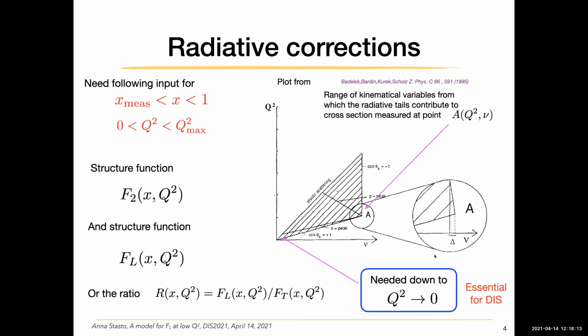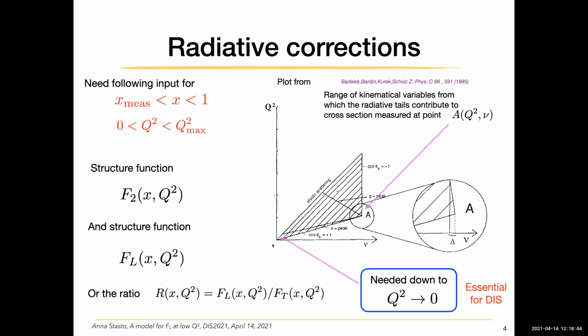Now, if one looks at the Q square and nu plane, where nu is the energy of the photon, this is the plot taken from this reference. If one performs a particular measurement at point A, at some value of Q square and nu, then everything that is in this triangle stems from the radiative tails, and they contribute to the cross section at this point.